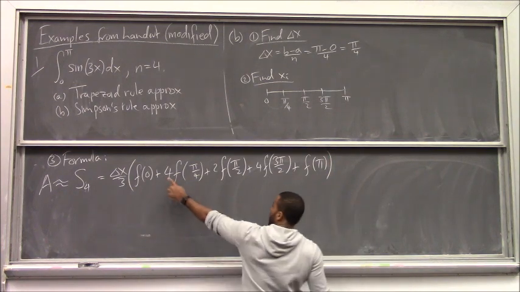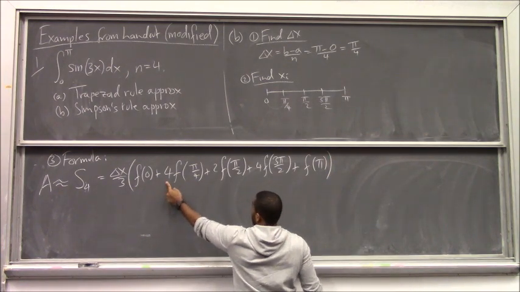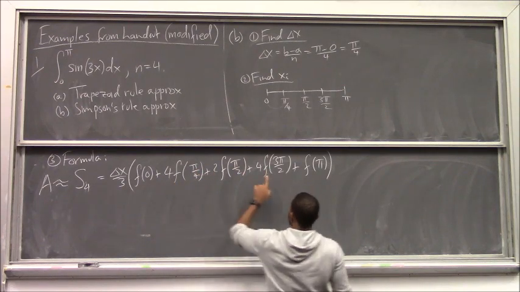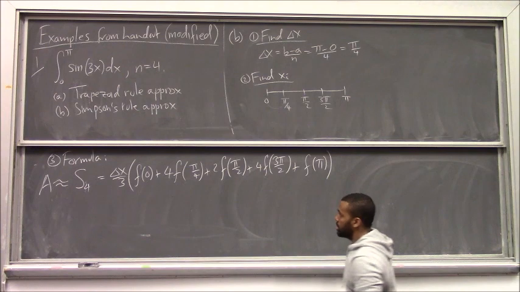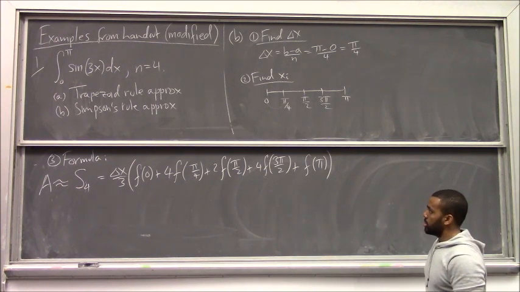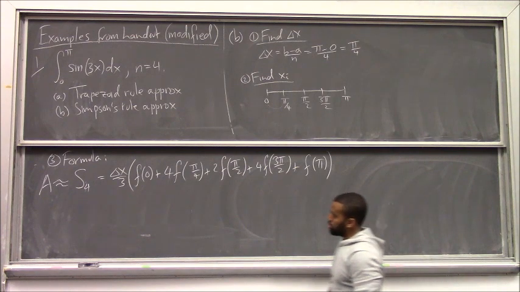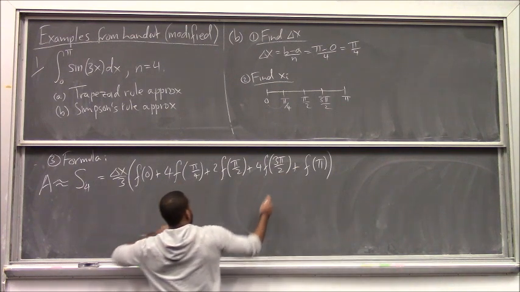So it starts at 4 on the second y value and alternates between 4 and 2. The last alternation ends on a 4. So that's kind of your pattern here.